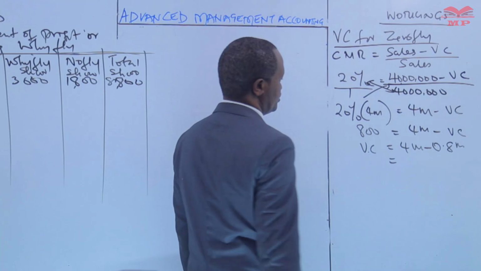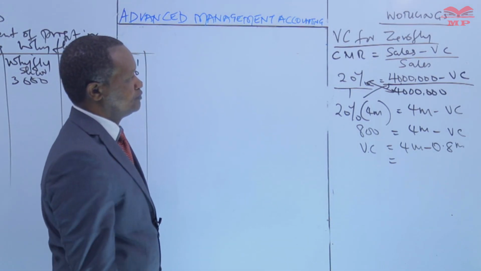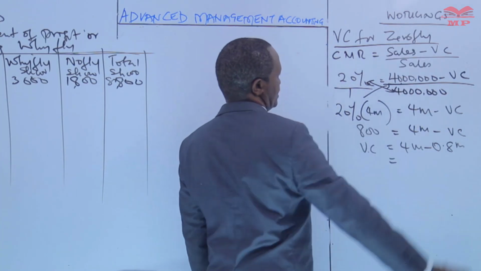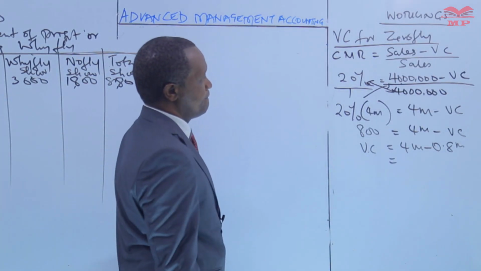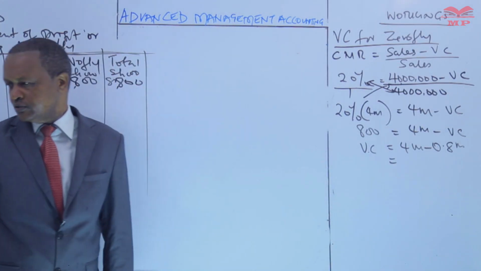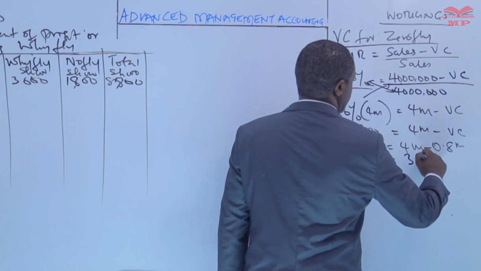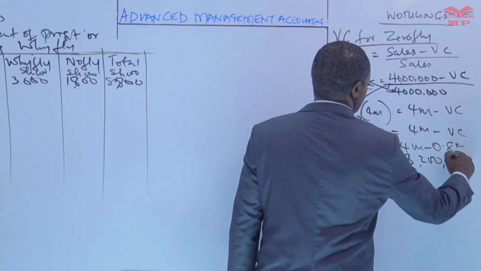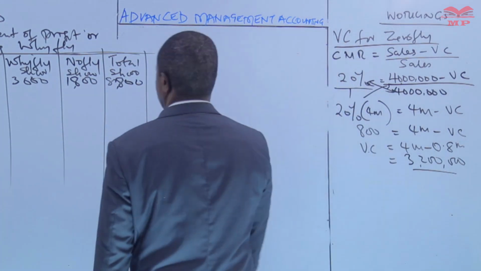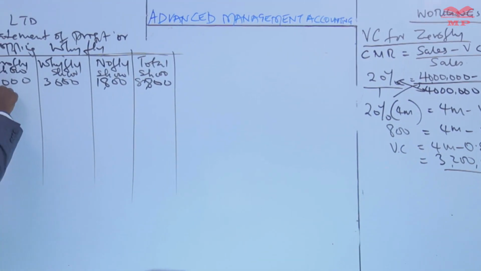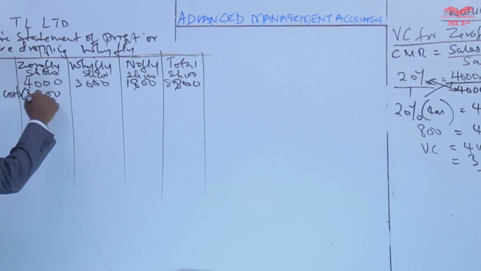That will be the variable cost for zero fly. How much? 3.2 million. So 3.2 million here is the variable cost we deduct.